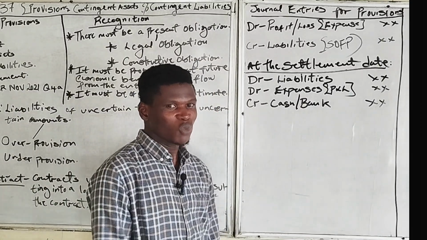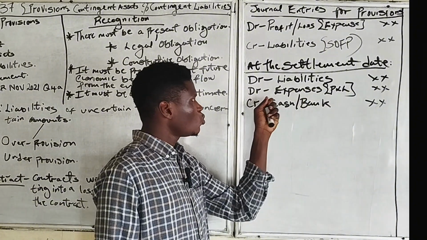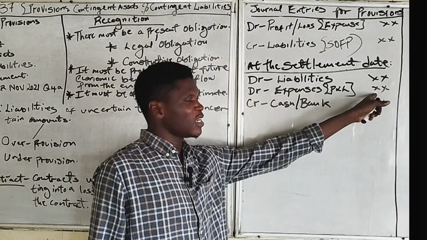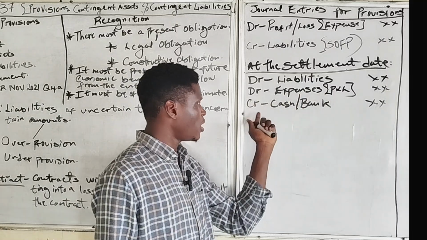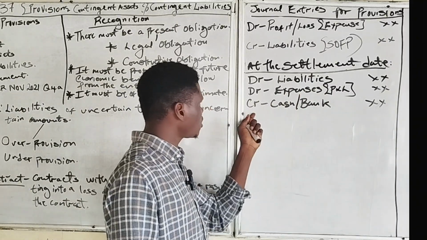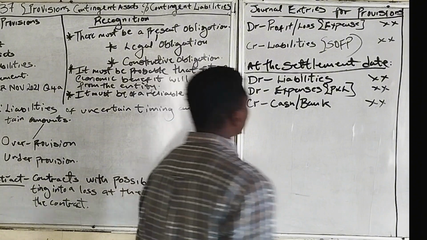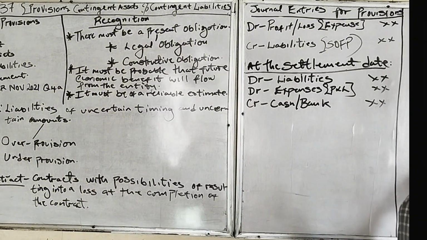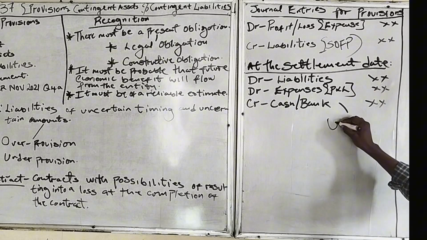We said we paid more than what we have provided for. The remainder will be charged to the statement of profit or loss as an expense. We will debit expense. Then the whole amount is taken from cash or bank, so we are crediting cash or bank, which means we are removing from cash or bank. So this is in the case of under provision.